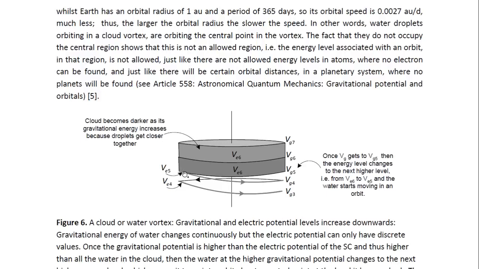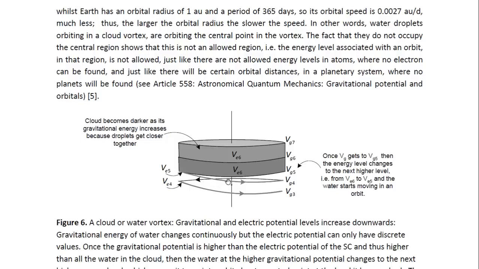And when it does, it immediately changes to a higher orbit, which means it's got to now start rotating and moving in that orbit. It now has a speed associated with it. And so it suddenly jumps, and the water that is at that energy level now starts rotating around this edge here.